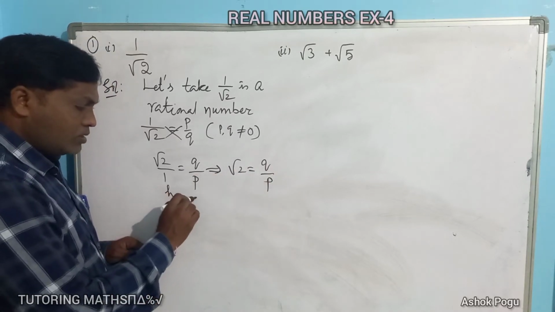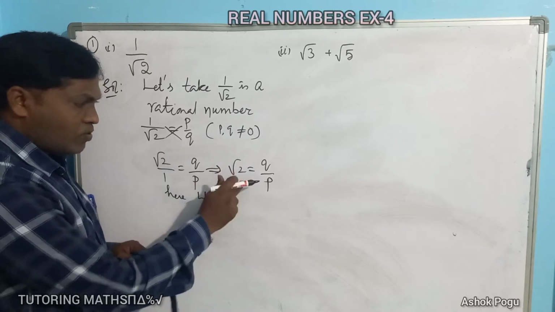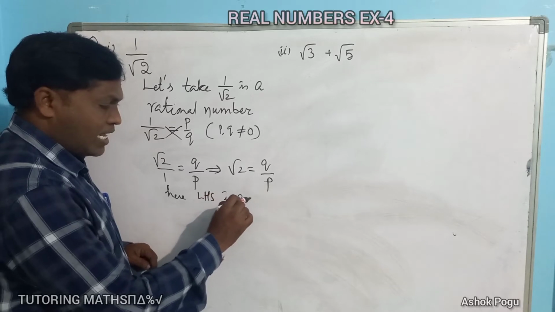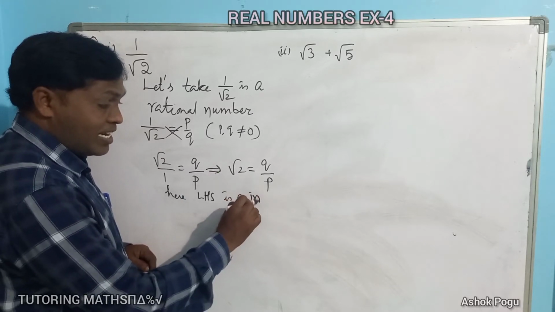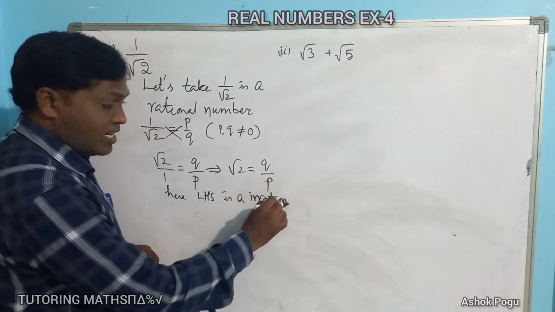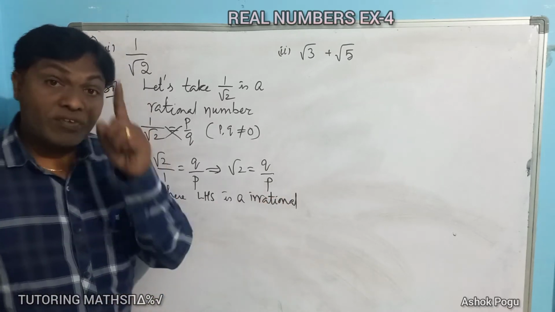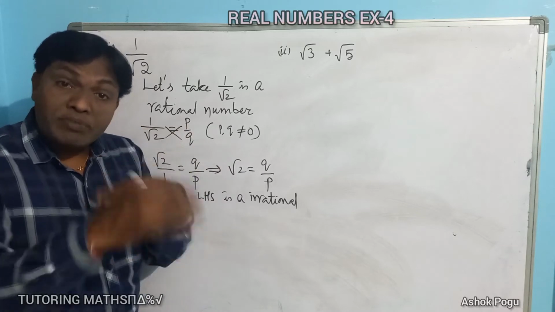Here, LHS, what is LHS? LHS is an irrational number. You know which are called irrational numbers. We have discussed in the introduction of real numbers all types of numbers.